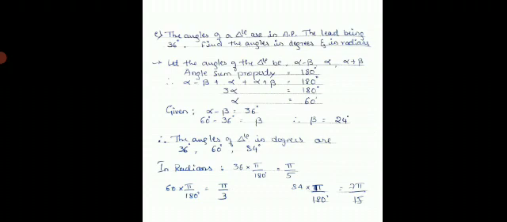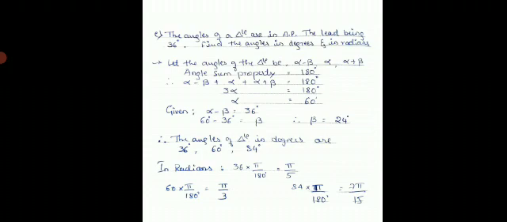Substitute 60 degree minus beta equal to 36 degree. So substitute 60 and 36. Take 36 to the left side, you get beta value, that is equal to 24 degree.